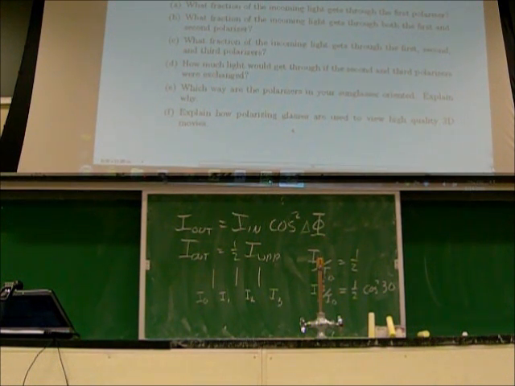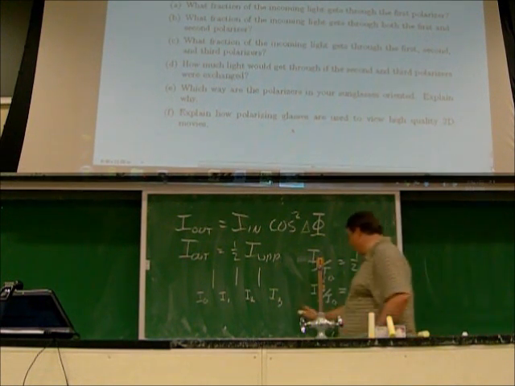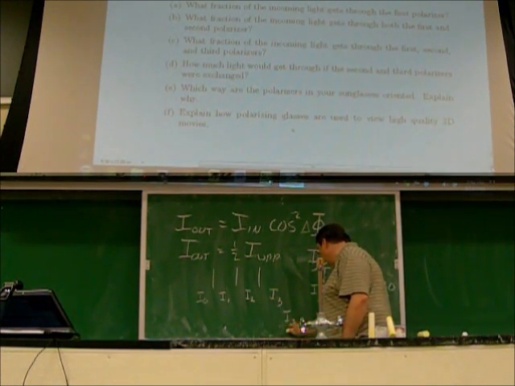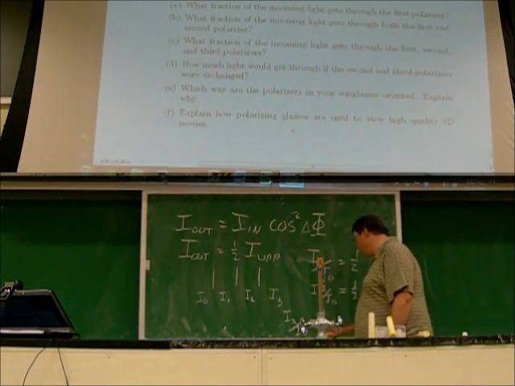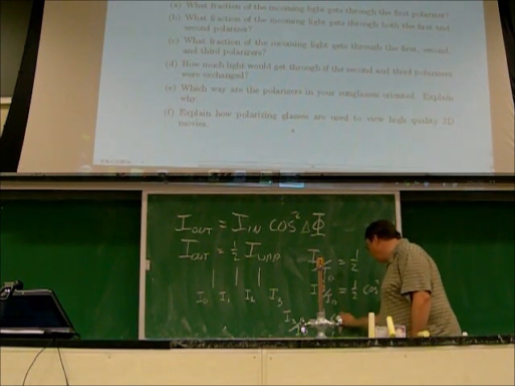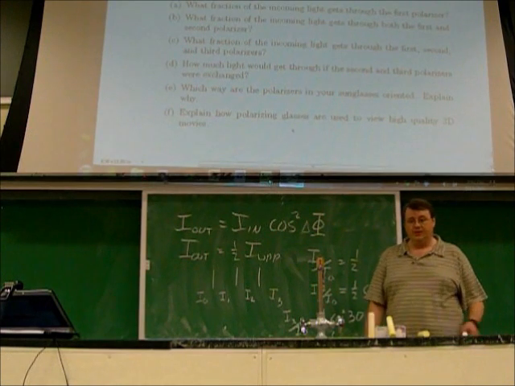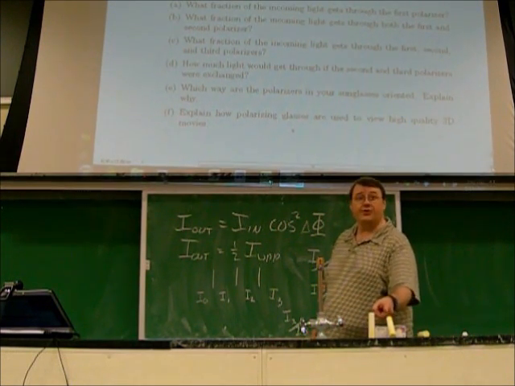And then I'm asked, what fraction of the incoming light comes through the first, the second, and the third polarizer? So I'm asked for I3 over I0. That's going to be half of it gets through the first, cosine squared 30 that gets through the second, because the difference from here to there is 30.